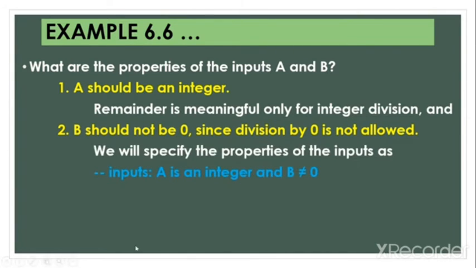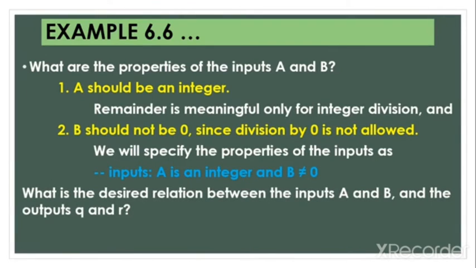Then so how do you specify here? So நம்ம input ஓட property எப்படி specify பண்ணலாம்? A is an integer and B not equal to 0. இதுதான் specification for the input. That is specifying the property of the input. Do you understand that? நம்மளோட input என்ன? A and B. அந்த A and B க்கு நம்ம two properties தரோம். அந்த two properties we are mentioning it here.